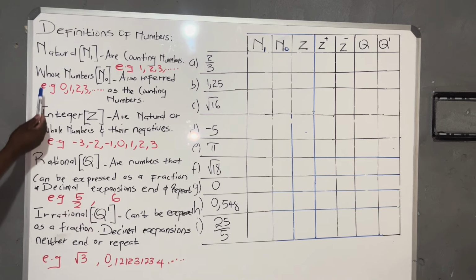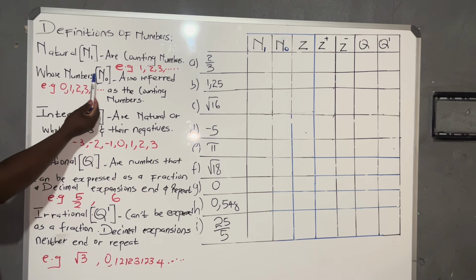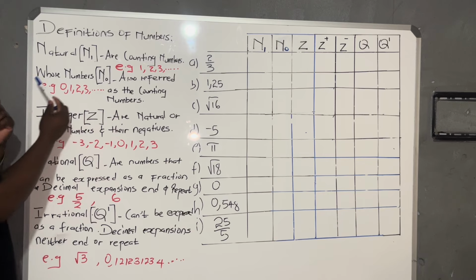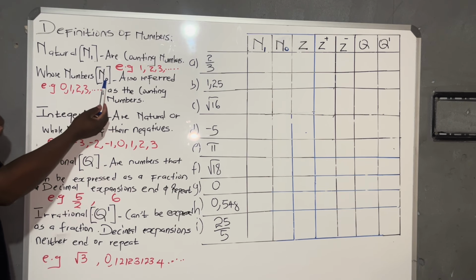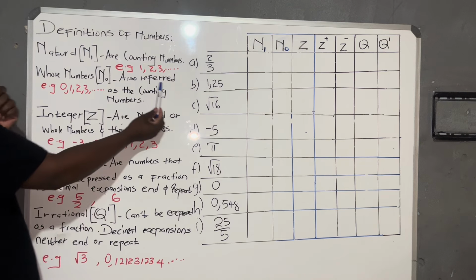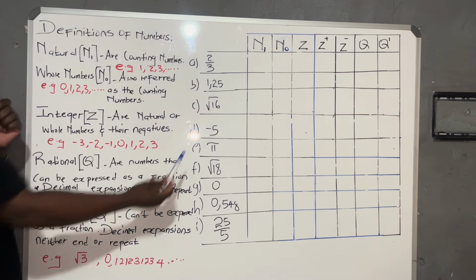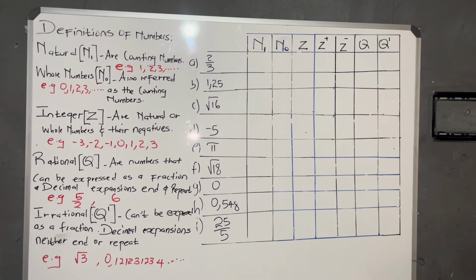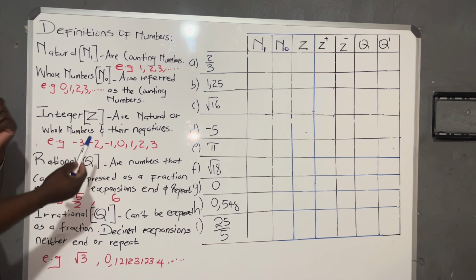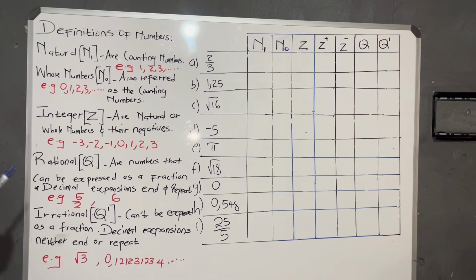Let's come here. Whole numbers. It's N0. We know that whole numbers start with 0. Most learners know that whole numbers start with 0. But they are also referred to as counting numbers. How so? It also depends.